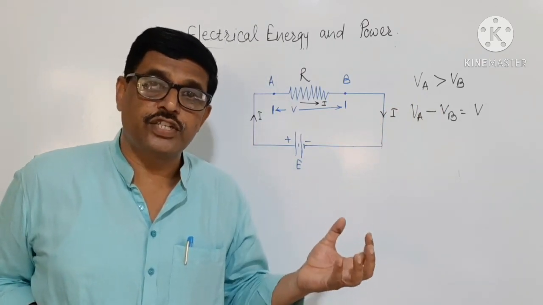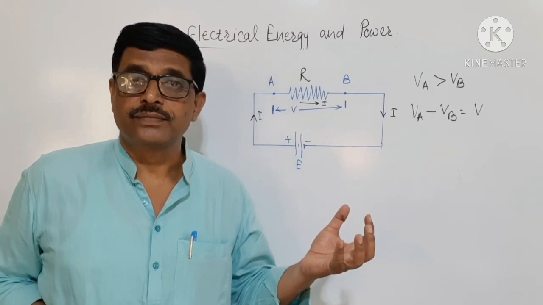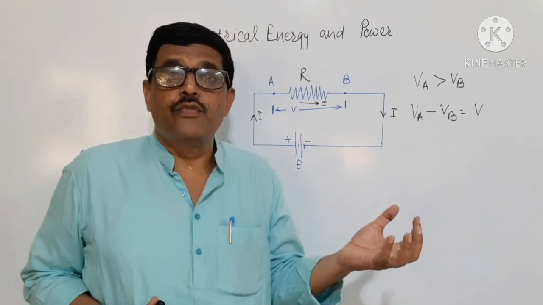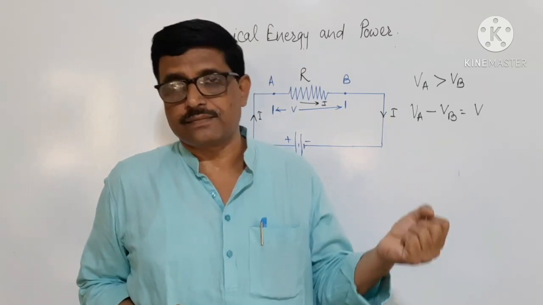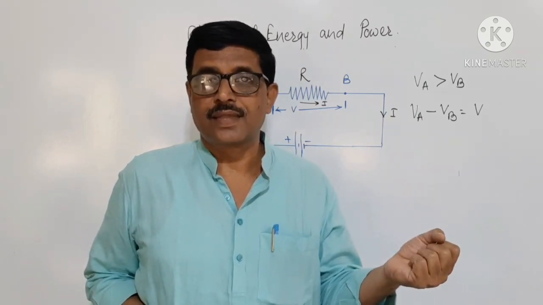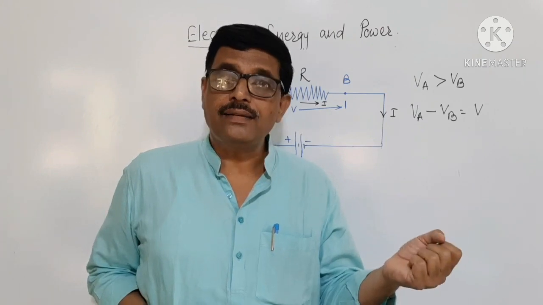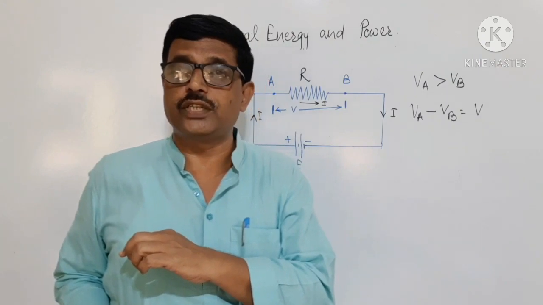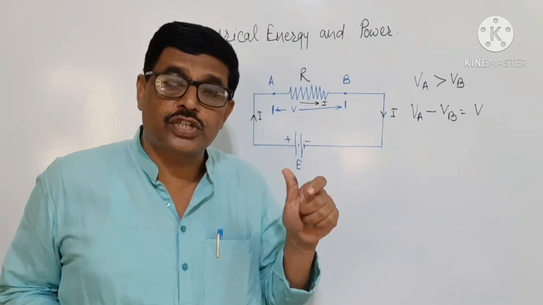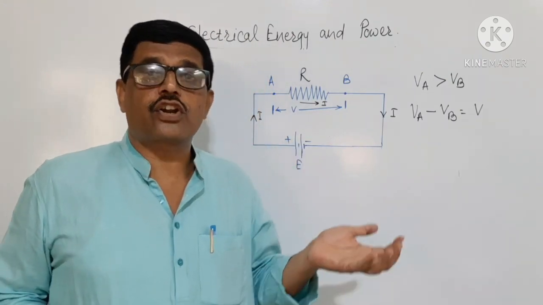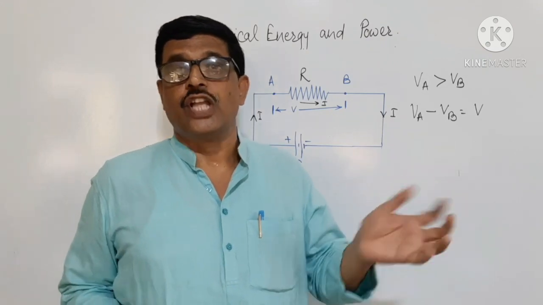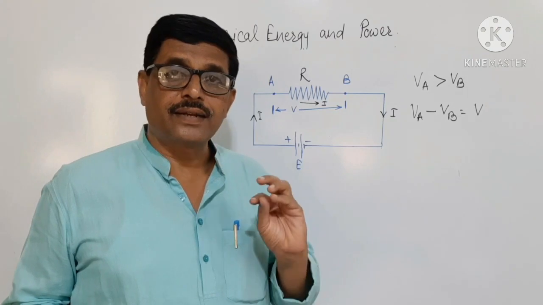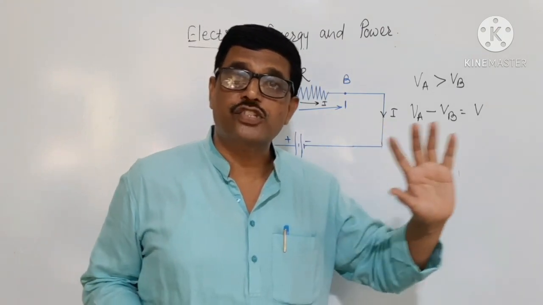Because of the energy absorbed by the ion core, they begin to vibrate with more velocity. And because of that increase in the kinetic energy of the ion cores, the temperature of the conductor increases, and this is why the conductor gets heated whenever current passes through it.